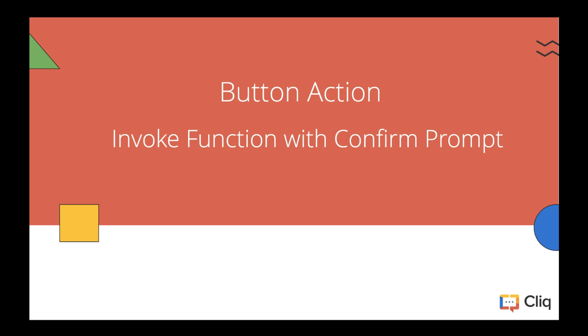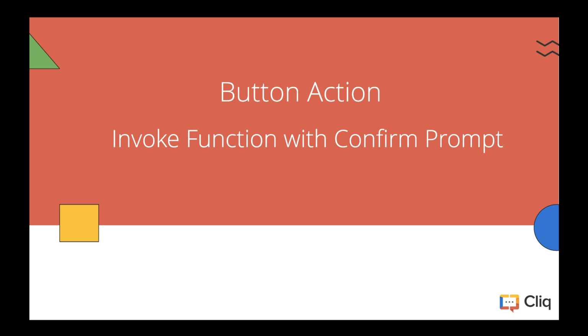And finally, the last option, which is basically a subset of the invoke function action type. The function that you invoke with respect to a button can first open a dialog prompt and upon the user input, it can move on to perform the intended action. So, one good example is a message posted with a button, give feedback about something. So, give feedback is the button name, and when the user clicks on this button, then they have a dialog box where they can put in their feedback, and this will post the feedback to the developer.